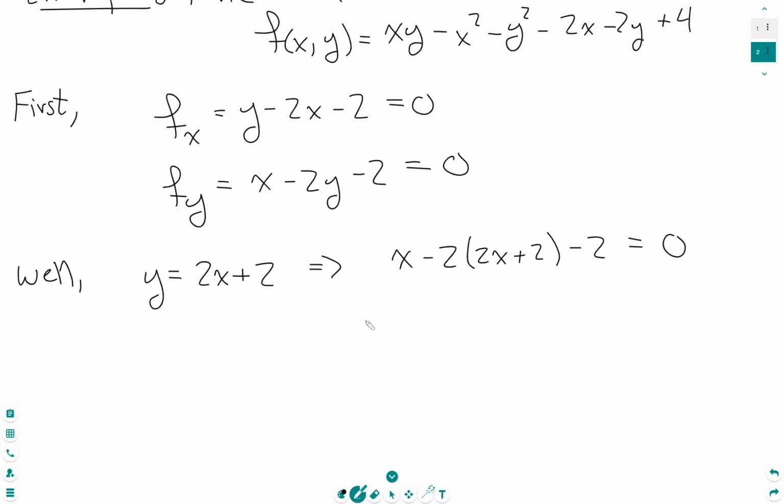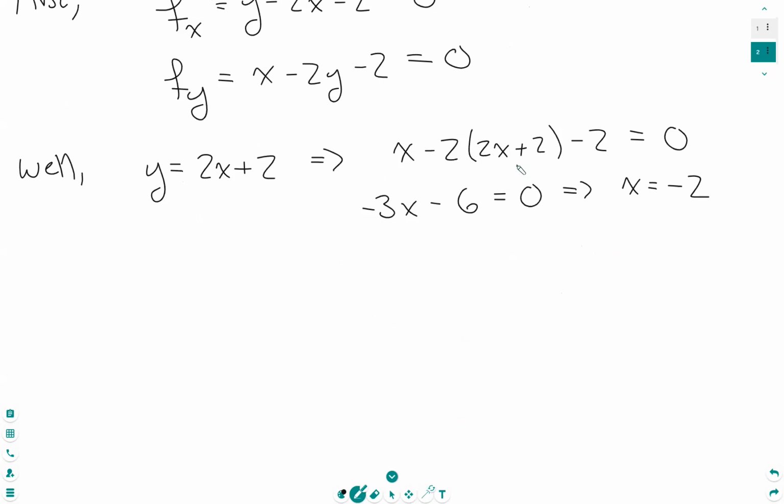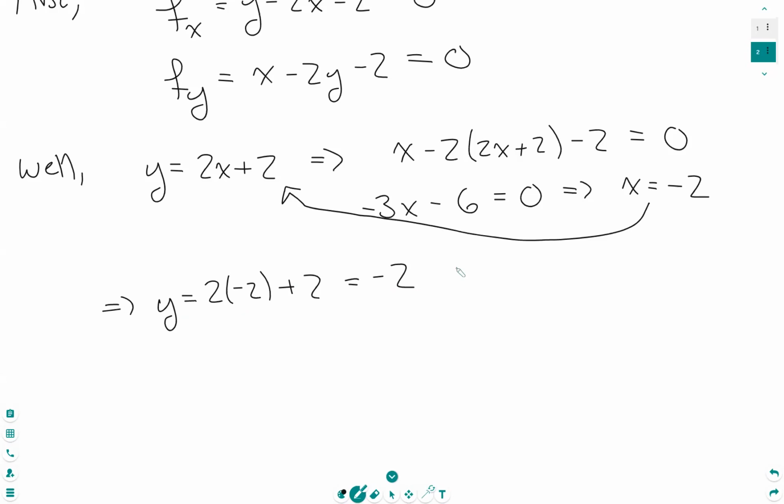So this will give me negative 3x minus 6 is equal to 0, or that x is equal to negative 2. Now that I know x is equal to negative 2, I can plug this back in to my relationship here, which tells me that y is equal to 2 times negative 2 plus 2, which is negative 2.